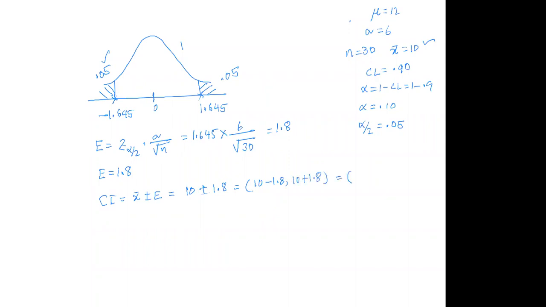That is going to be 10 minus 1.8 is 8.2, right? 10 plus 1.8 is 11.8. So the average number of books that people read in your city could be between 8.2 and 11.8, which may be a little lower than the national average, okay?